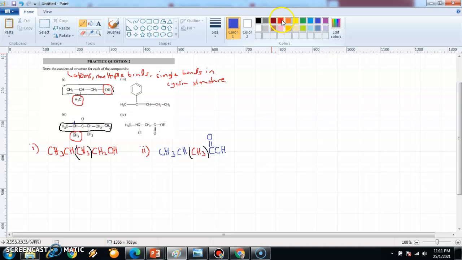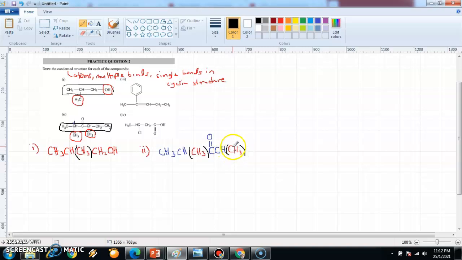Again, the fourth carbon has a branch. Besides hydrogen, it also has a single bond with a group of atoms, CH3. That CH3 is a branch, so we bracket it. The bracket must be positioned in front of the carbon it is attached to.